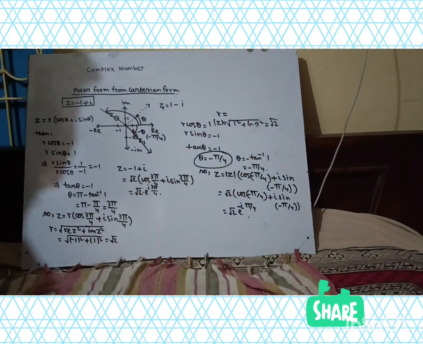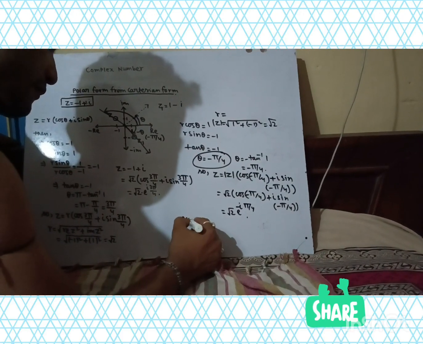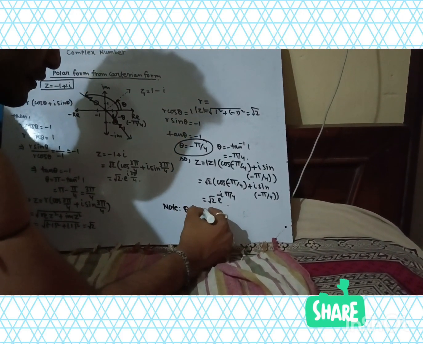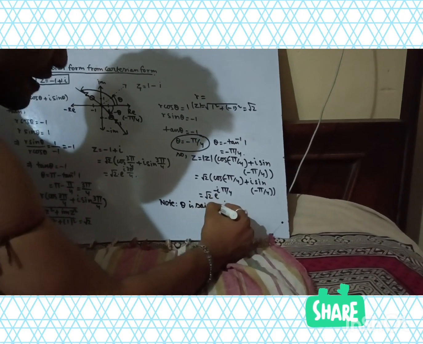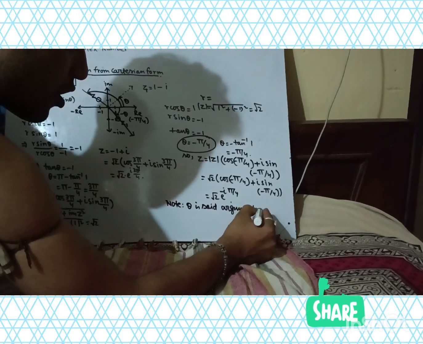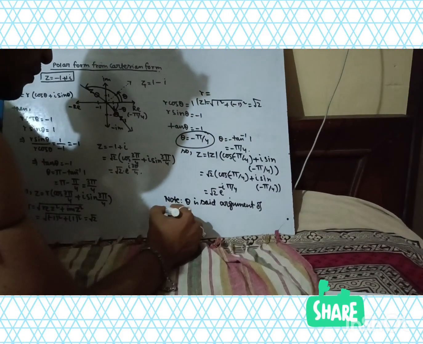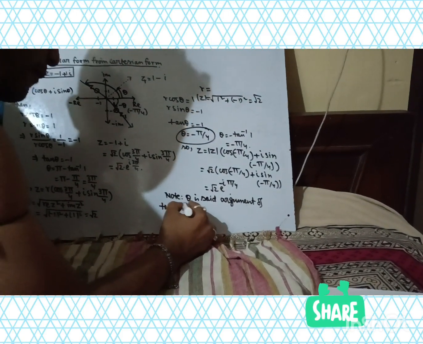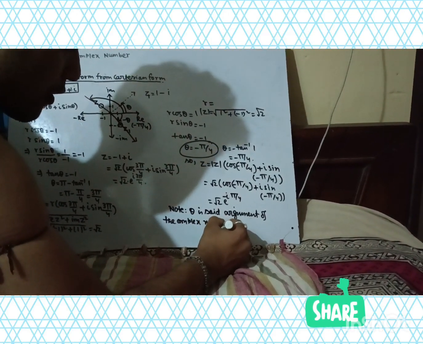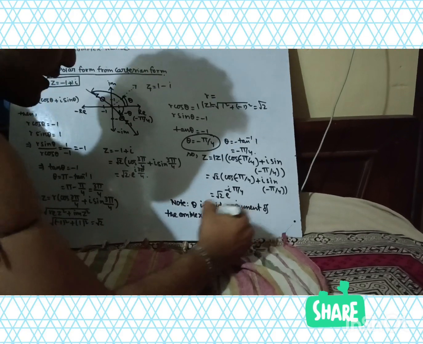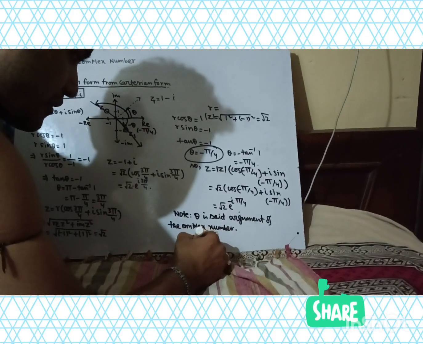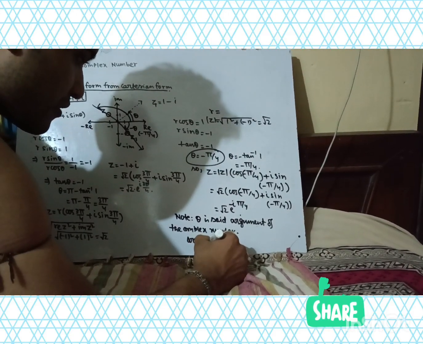Here note, theta is said to be the argument of the complex number, denoted by arg z is equal to theta.